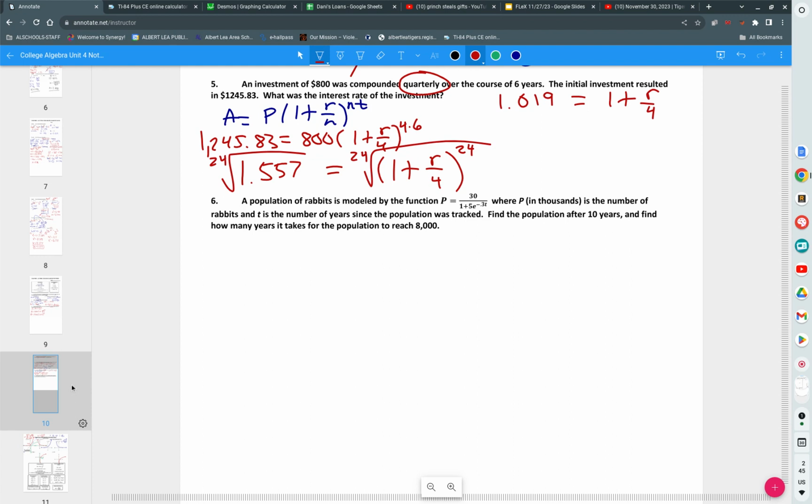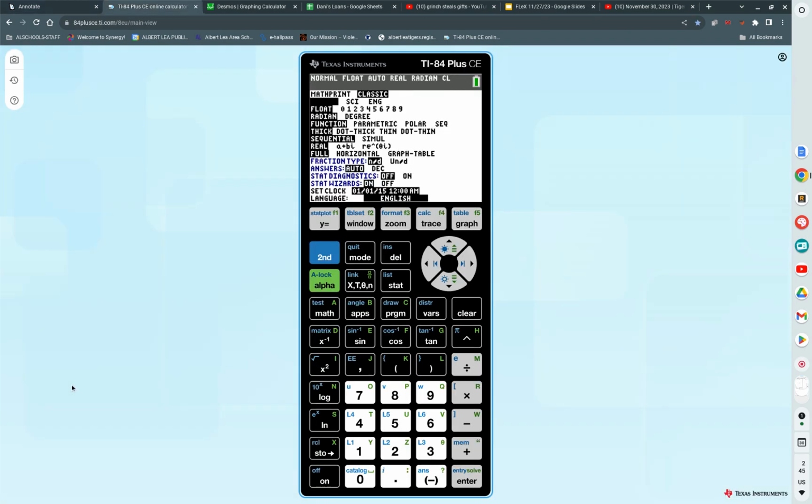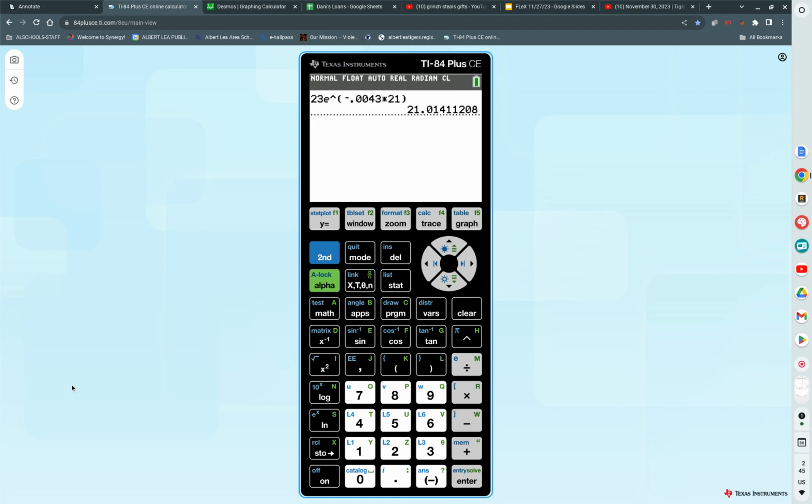If I go to my calculator, we have the 24th root of 1.557. There are a couple ways to get it, but what I like to do is raise it to the 1 over 24 power. That's what I do when I want to take a root. I just raise it to the 1 over that power.